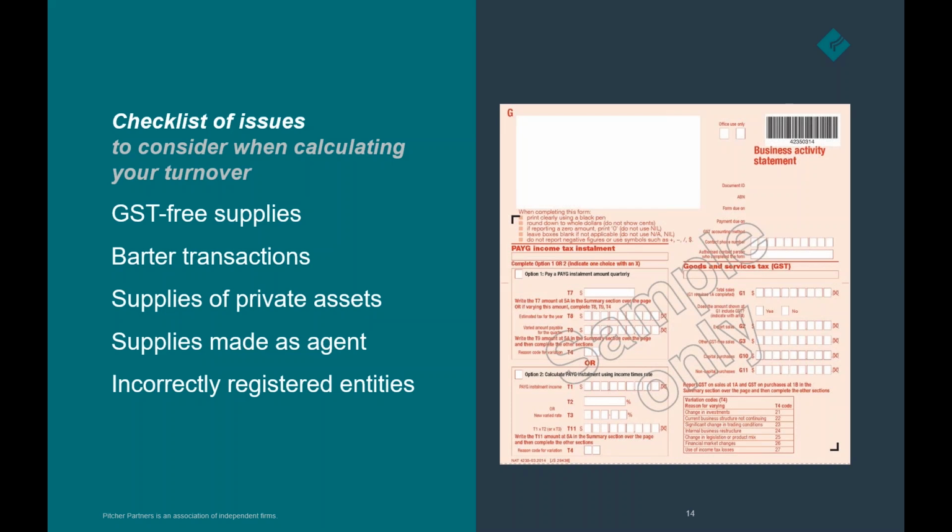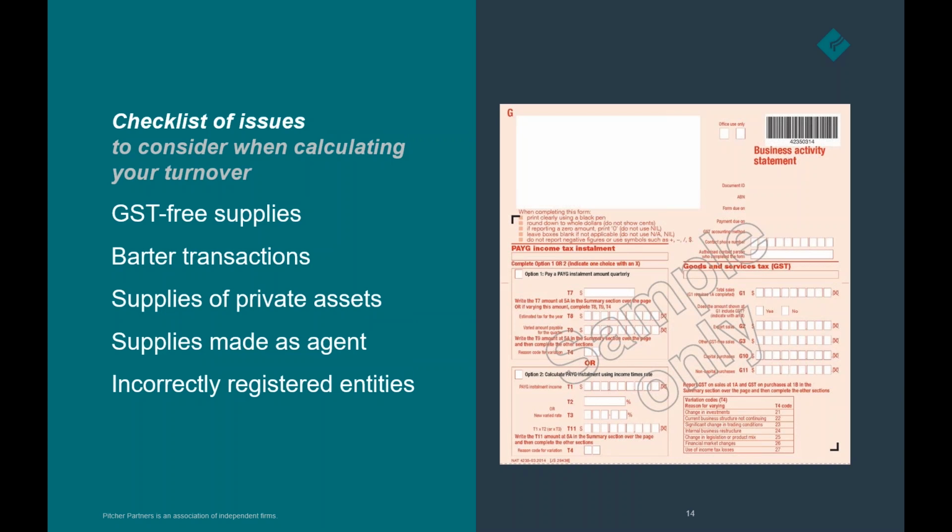And a difficult one is the concept of incorrectly registered entities. So it's not uncommon for us to see, for example, trustees of trusts that have been registered in their own right as trustees rather than a registration occurring for the trust, or partners in partnerships where a partnership hasn't been registered as required under the GST Act, and the partners are just dealing with the GST on their individual accounts.